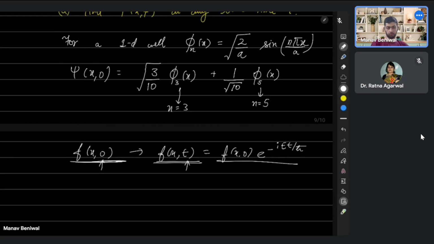Now here, one thing which we have to be careful about is that energy for phi 3 will be different and energy for phi 5 will be different.